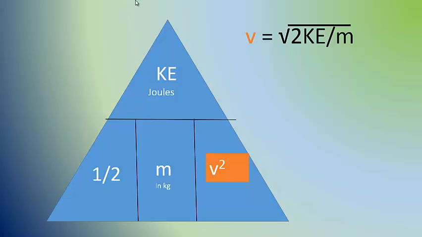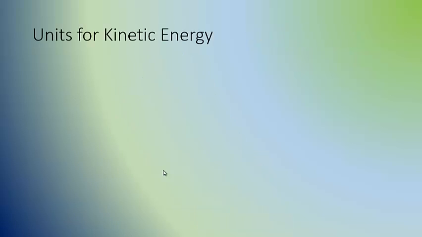So, v equals the square root, since we are squaring here, to get the opposite, we have to square root. That's where we get our square root from. 2, because we got to flip this over, KE divided by our M. So that's where we get that information from.